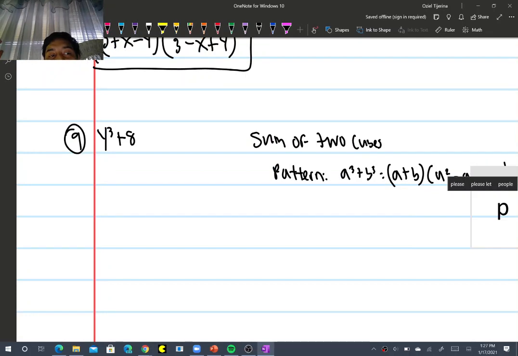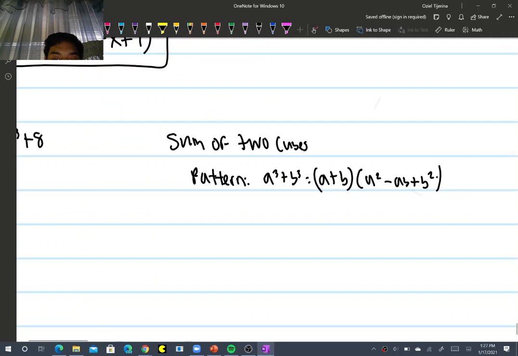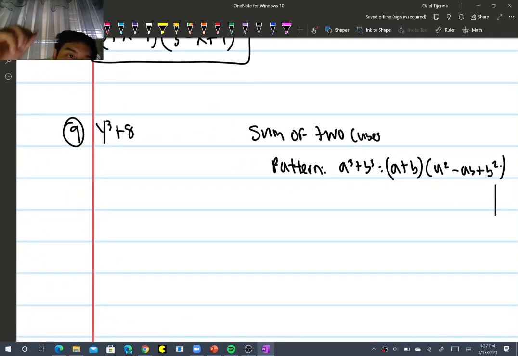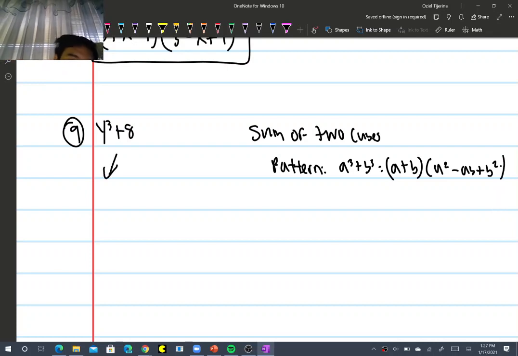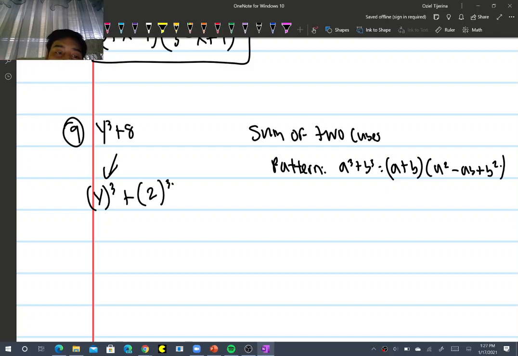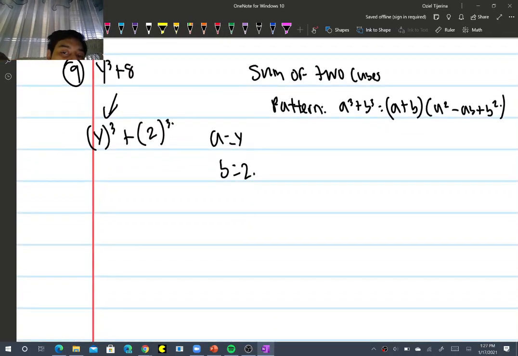Okay, so for this one, we have to factor this out. Now, one thing that you have to know as a rule for this is the sum of two cubes pattern. So if we rewrite this, we have y quantity cubed plus 2 cubed, okay? That means that a equals y and b equals 2. Now we can rewrite this using this formula here.